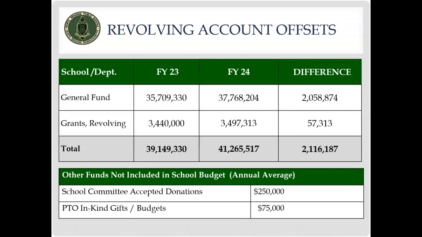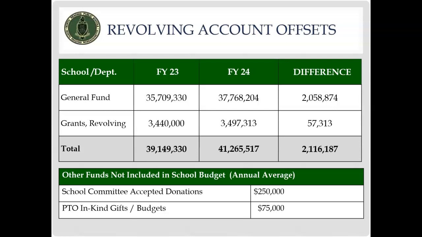So here's the proposal for fiscal 24 when you look at general fund and then what's involved in grants and revolving accounts. Our proposal for fiscal 24 is $37,768,204, which is a little bit more than a $2 million increase. The grants and revolving accounts are a little bit less than $3.5 million for next year.